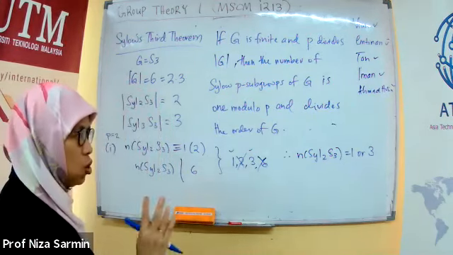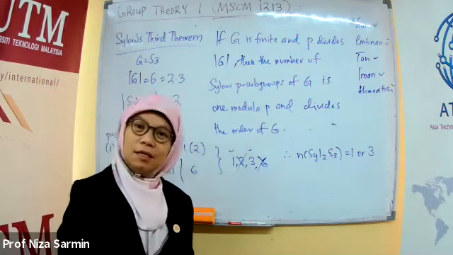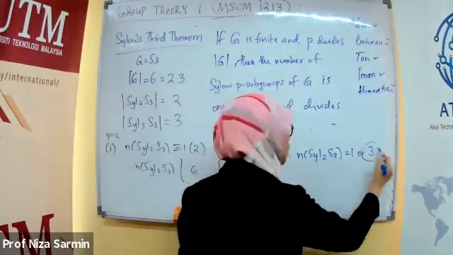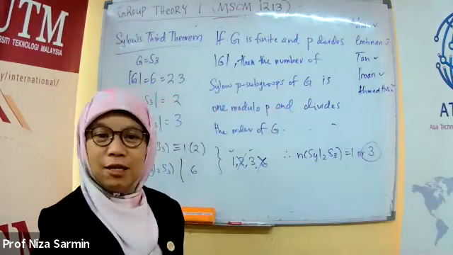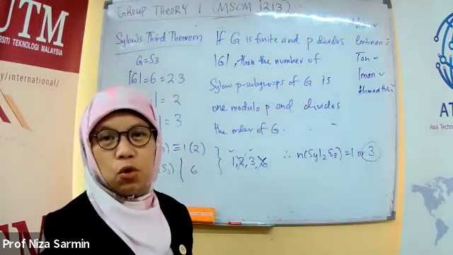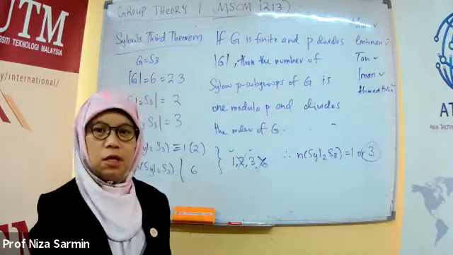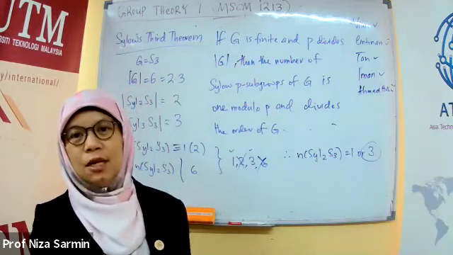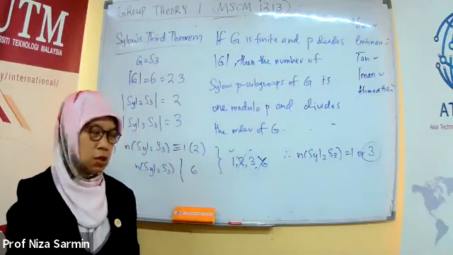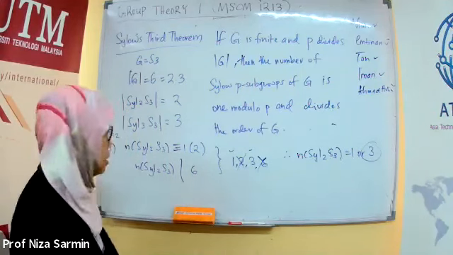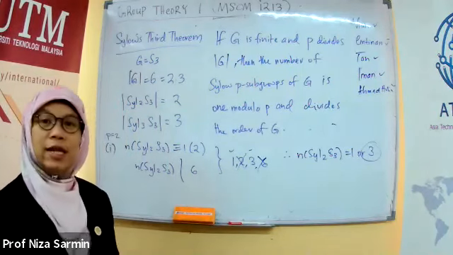But since we know this is S3, just now we have shown there are 3 Sylow 2, right? If we don't know the group, if you are given just order 6, we don't know it's S3, so it's either 1 or 3. Okay, what about Sylow 3?